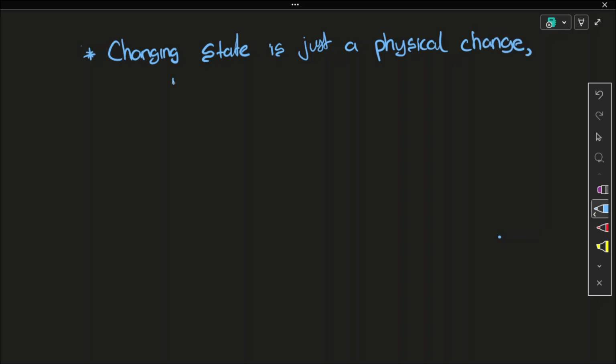They are not chemical changes. They are not at all chemical changes.